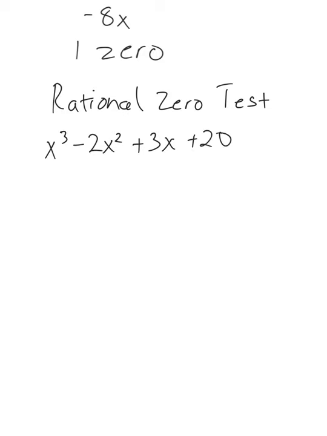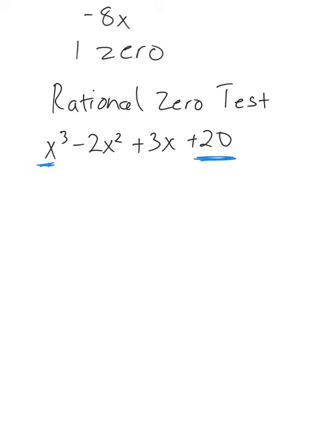To find our rational zeros, since the first number is just a 1, all we have to do is look at our very last number, our constant, being 20.